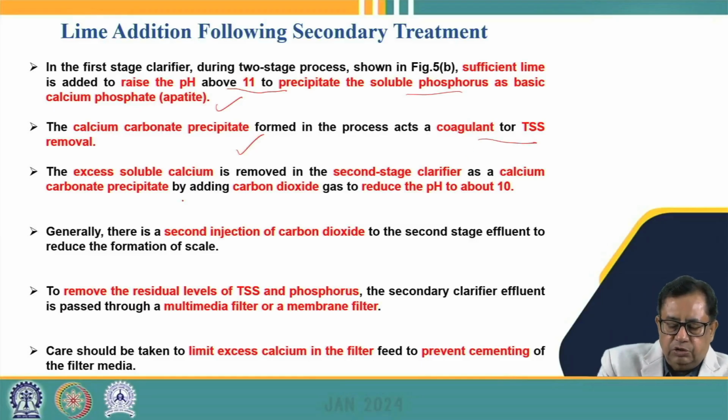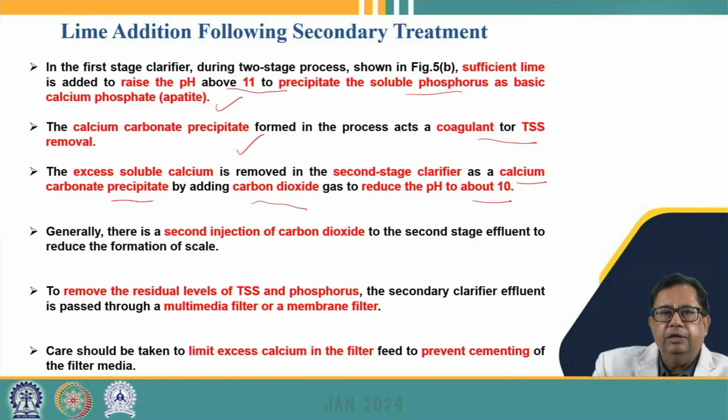Then the excess soluble calcium goes into the second stage clarifier, where the calcium carbonate may further precipitate out. And we add carbon dioxide there so that the pH may be reduced to nearly 10, and then we can remove the excess calcium which is left because of the high pH maintained during the first stage.